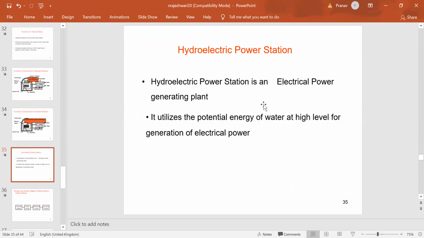This is all about the nuclear reactor and nuclear power plant, which generate electrical power from nuclear energy.